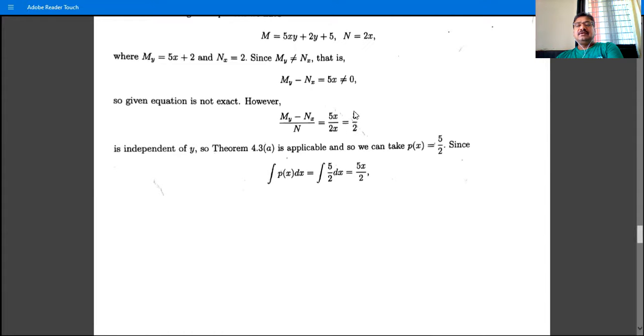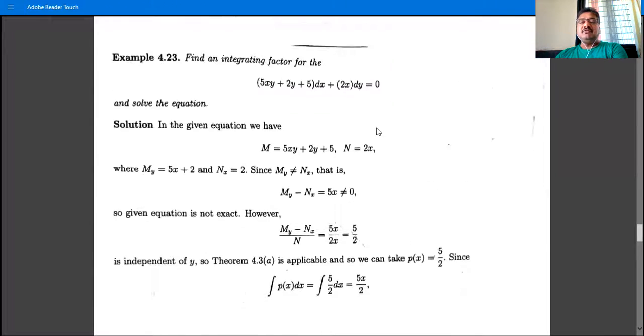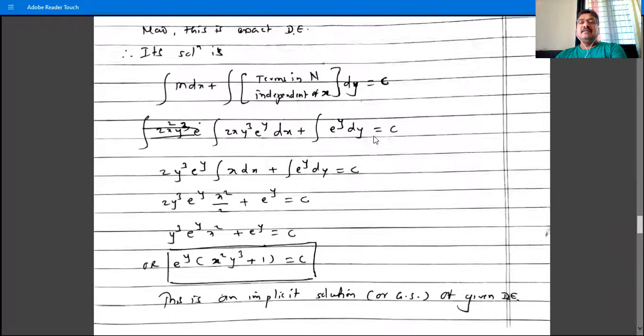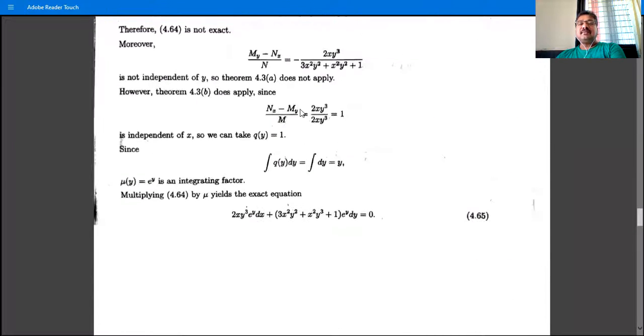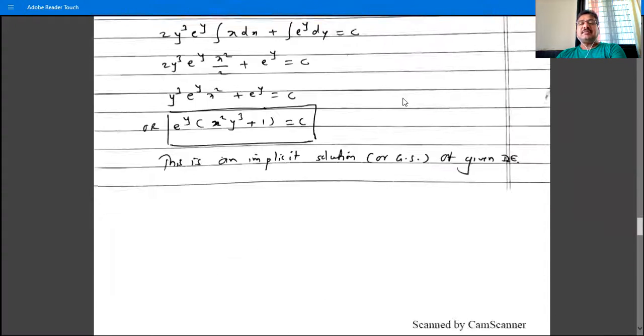So this ratio, 5 by 2, we denote by f(x). If we consider (N_x minus M_y) divided by M, then we denote it by f(y), that is a function of y. But if we find (M_y minus N_x) divided by N, then we denote it by f(x), if it is a function of x alone.